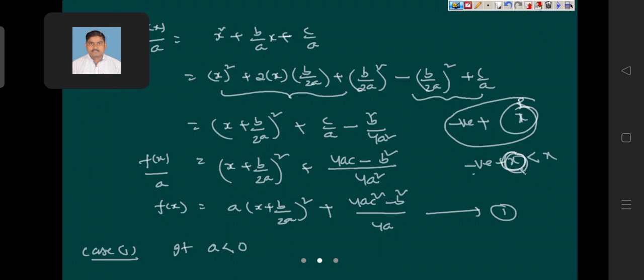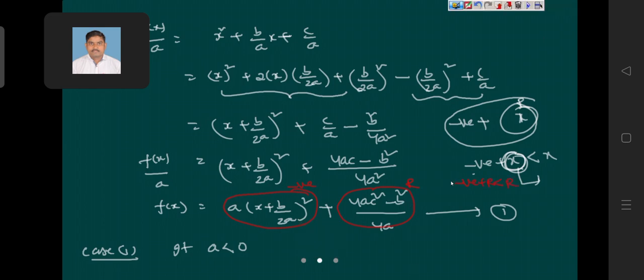Negative plus real number is less than that real number.